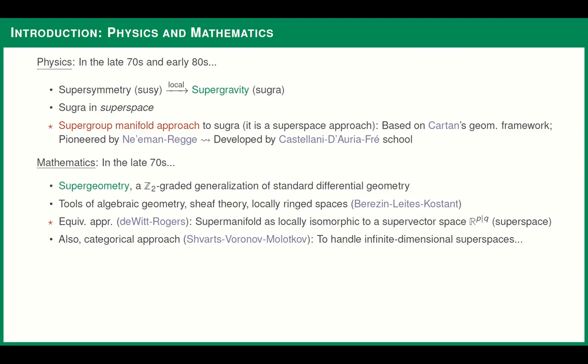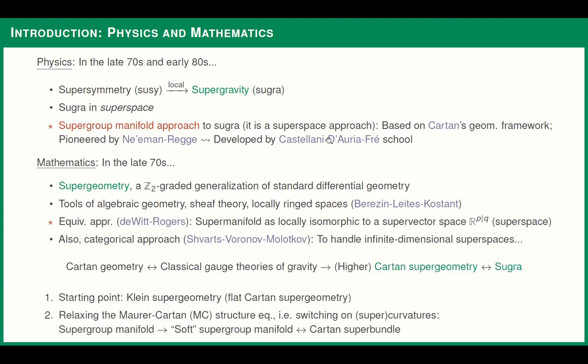Sure. And so, what we are interested in now is the Cartan geometry framework, starting from Cartan geometry at the gravity level, and in particular to describe the classical gauge theories of gravity.